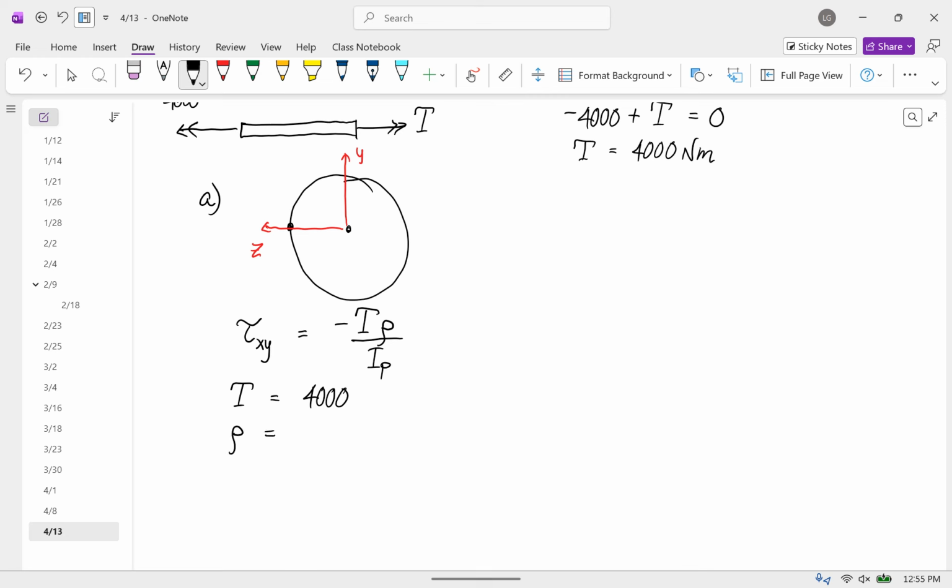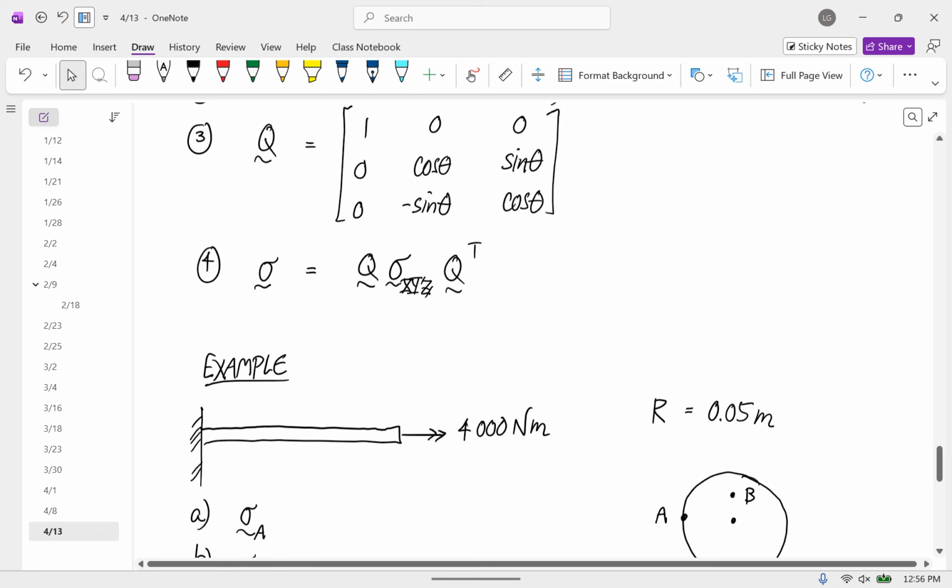Our rho, we're one radius away from the centroid, so that was 0.05 meters. And then our polar moment of inertia, just use the formula that I just gave you. This is pi over 2 times the radius to the 4th power, right?